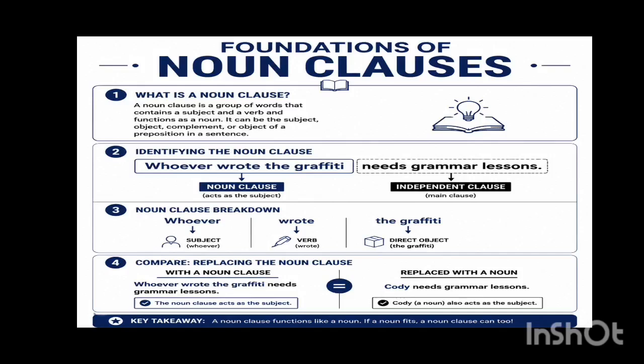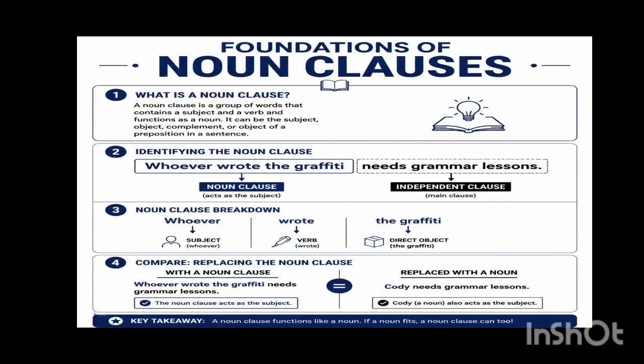Let's see the example. Whoever wrote the graffiti needs grammar lessons. Let's break it down. You can see the noun clause here, whoever wrote the graffiti, and the main clause, needs grammar lessons. The whole noun clause acts as the subject of the sentence, yes?